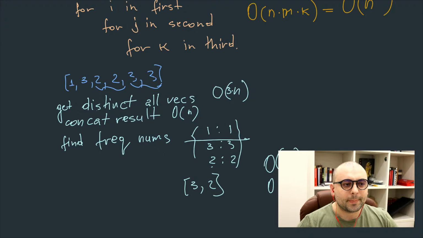Let me think. If we're doing an XOR operation, we can find duplicates. I guess the first stage will remain the same, getting distinct, but the second stage is a little bit more tricky.